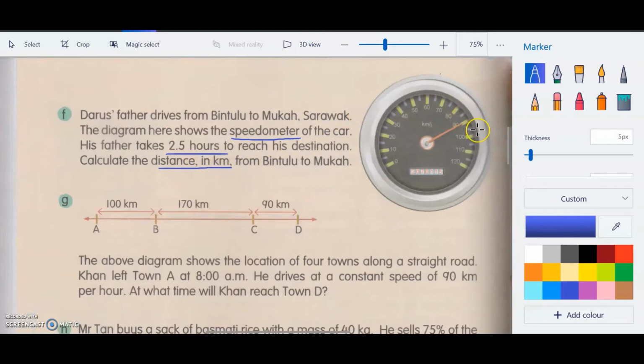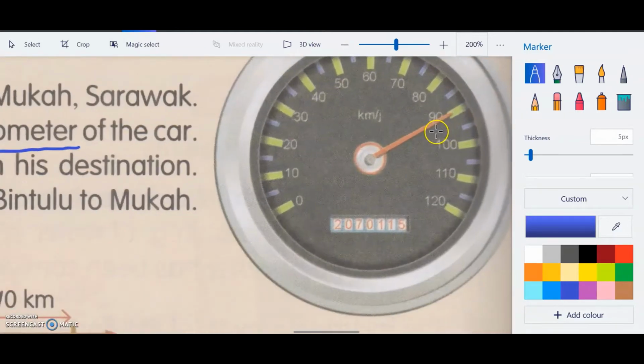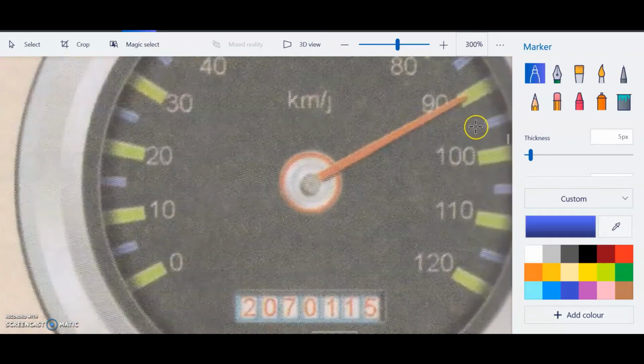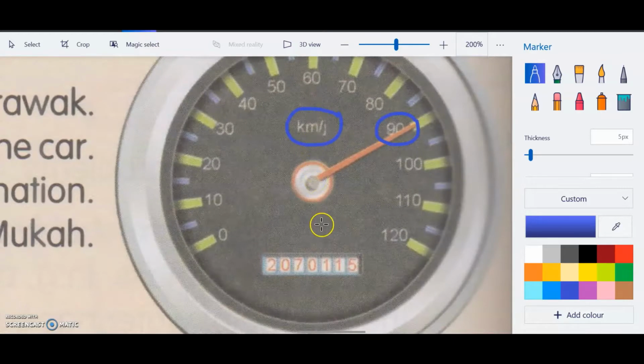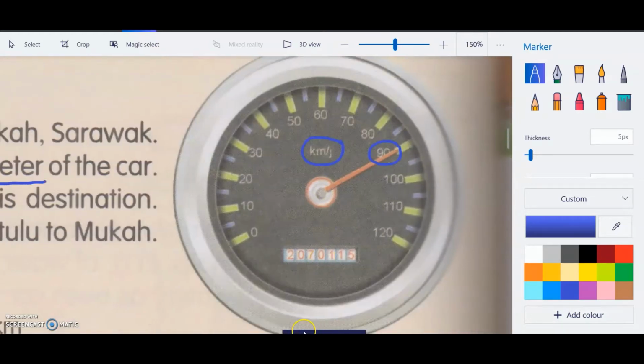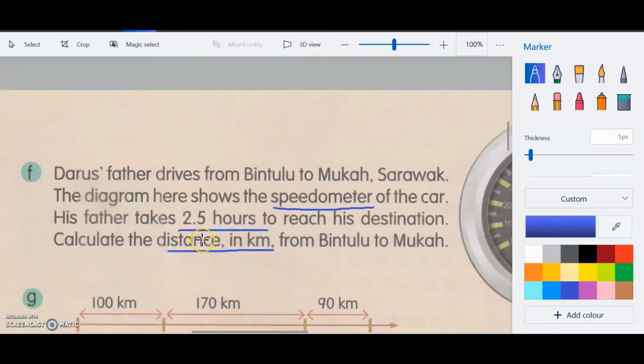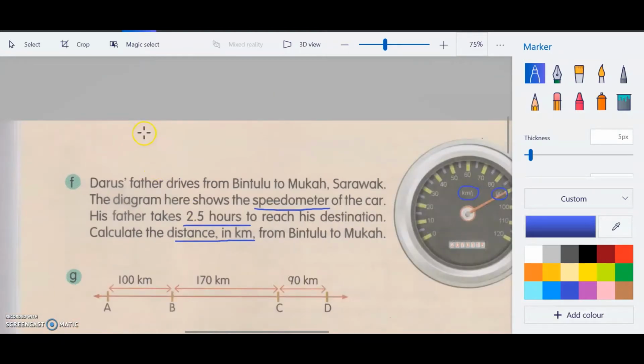Now, if you look at this speedometer, you can see that he's driving at 90. The unit is kilometers per hour. J means jam in bahasa. So the speed is 90 kilometers per hour.